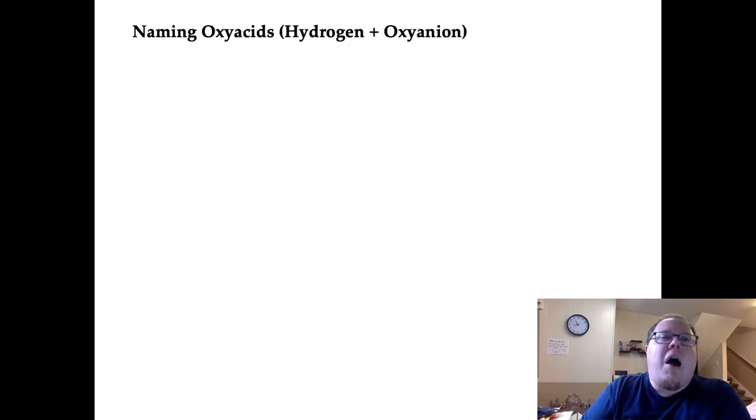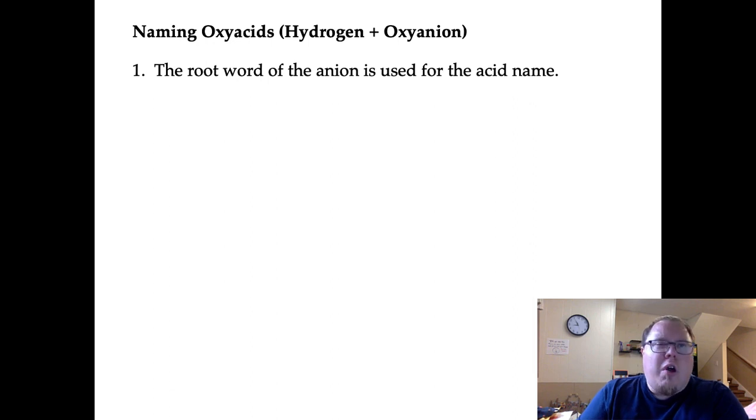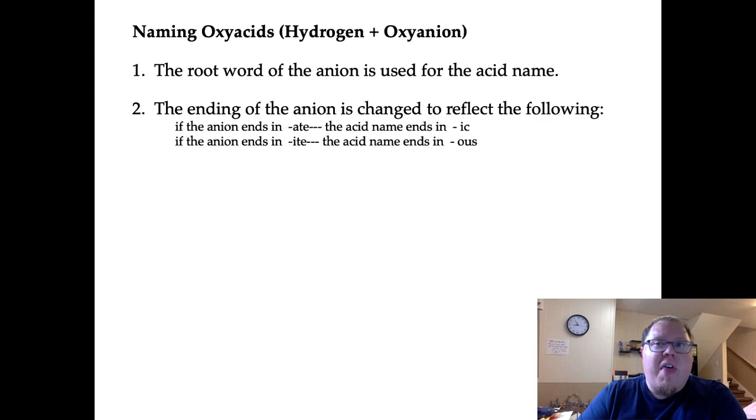All right? So, naming these oxyacids, hydrogen with one of those polyatomic negative anions, use the root word of the anion for the acid name. Like chloric, or chlorate, chlorite, sulfate, sulfite. You're going to change the ending of that root word to either ic or ous.